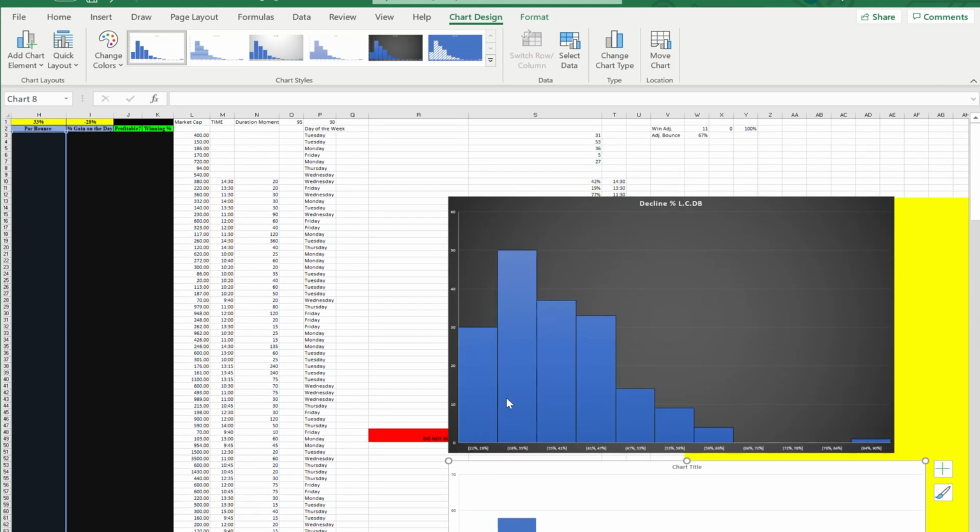So this is how you build these histograms. They're extremely powerful. They visually tell you your likelihood of a stock going against you, and it's very useful, especially if you combine it with different market caps and different floats. It really tells you the edge.